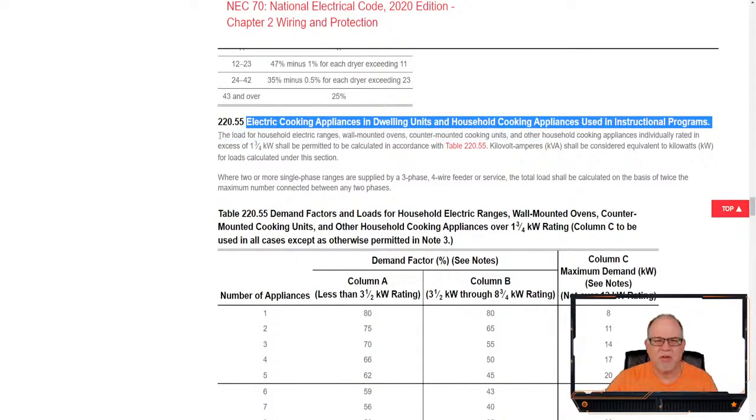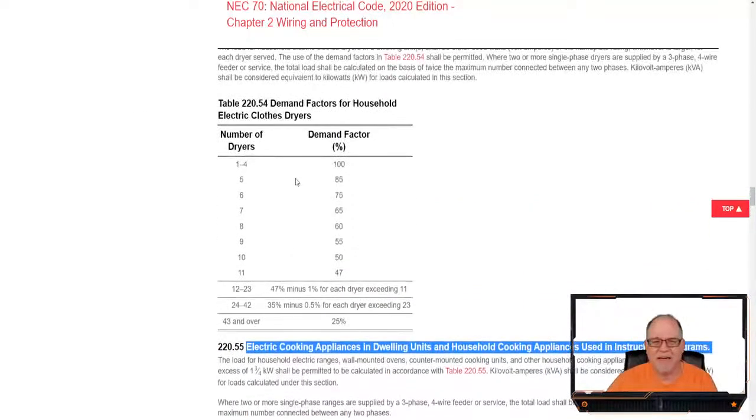So that would be like a home ec class maybe at a high school or something like that. For its instructional program, they typically do use household ranges for those types of applications. So that's what this table is all about. Not for commercial appliances. That's going to be different, right?